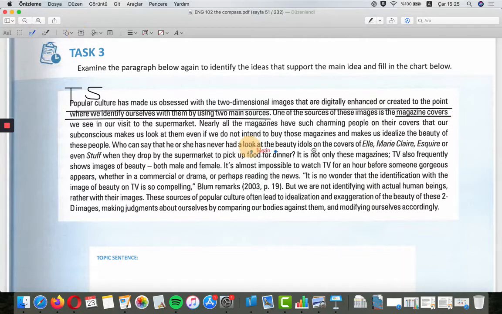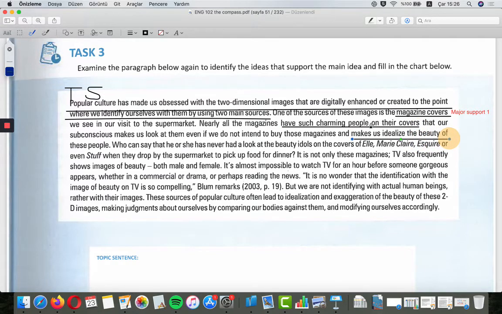Okay, this is our major support number one. Okay, magazine covers. Nearly all the magazines have such charming people on their covers that we look at them even if we do not intend to buy, even if we do not think of buying those magazines, and they make us idealize the beauty of these people.